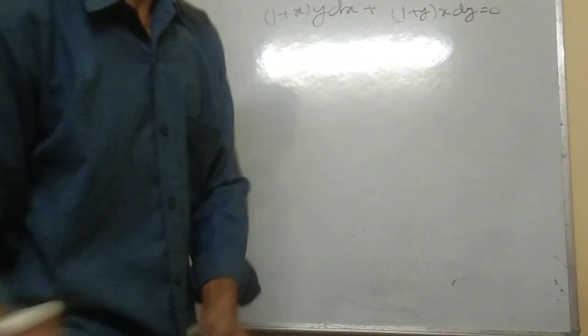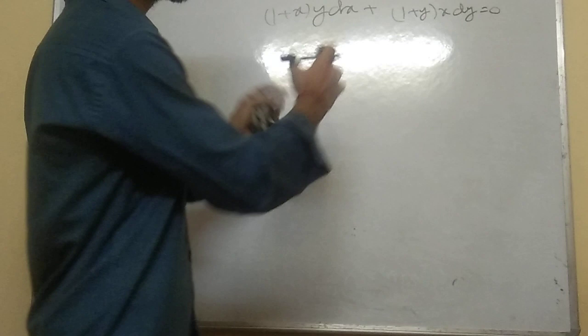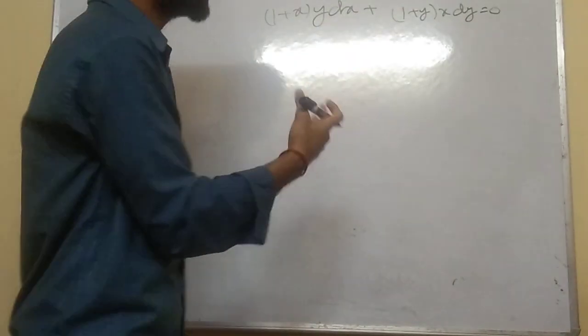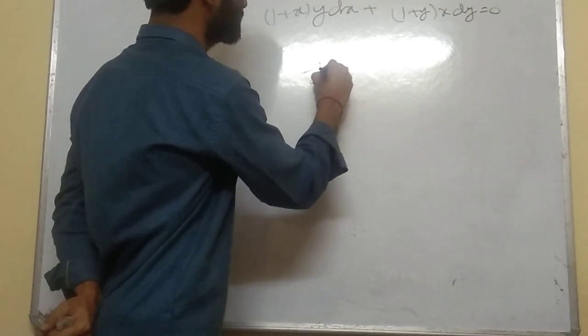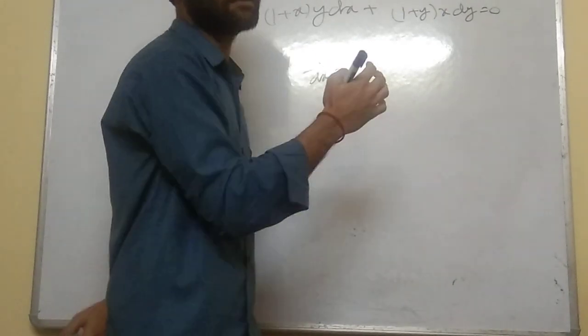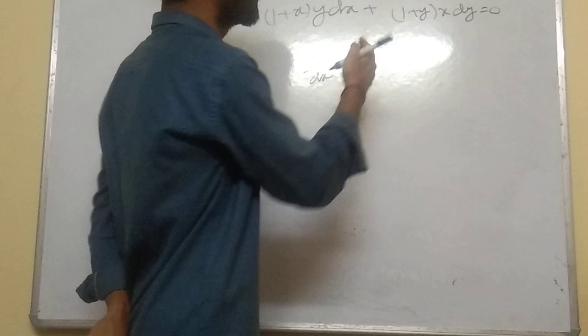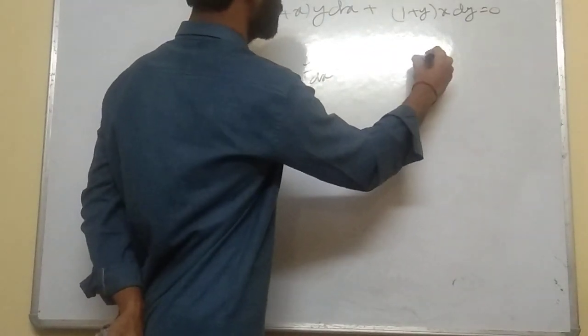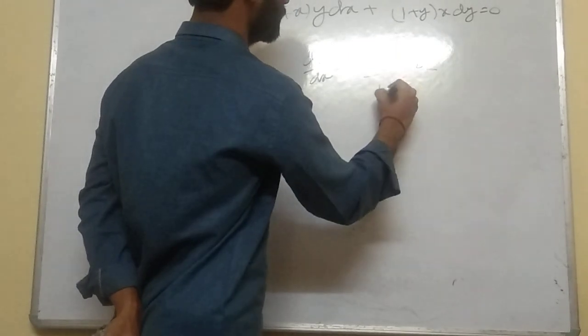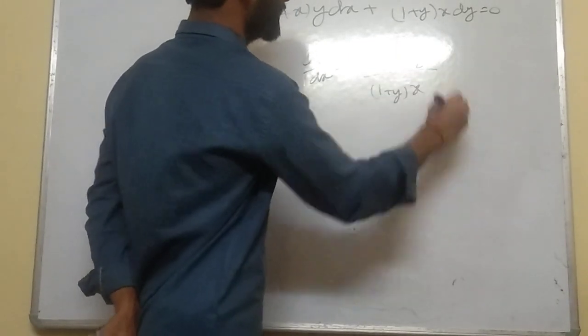I think this is also an easy question. You can follow the previous method as I have told you. So you can write this in the form of dy by dx. This will really help you to see how you can separate the terms. So dy by dx will be minus (1 plus xy) upon (1 plus yx).